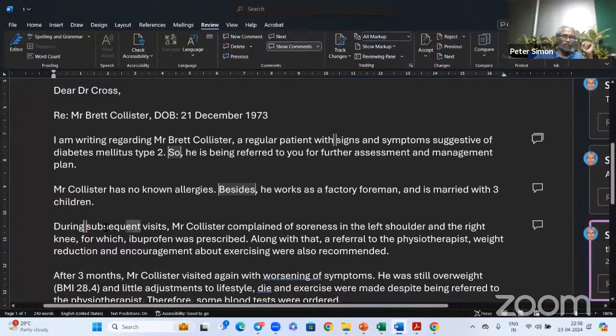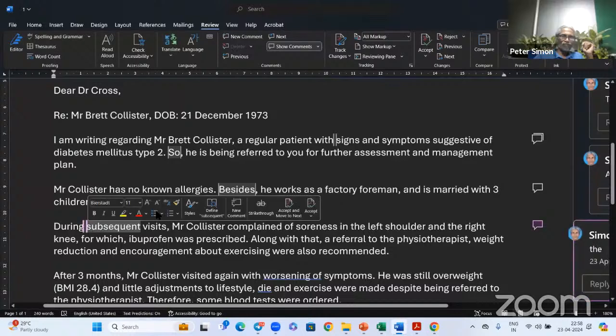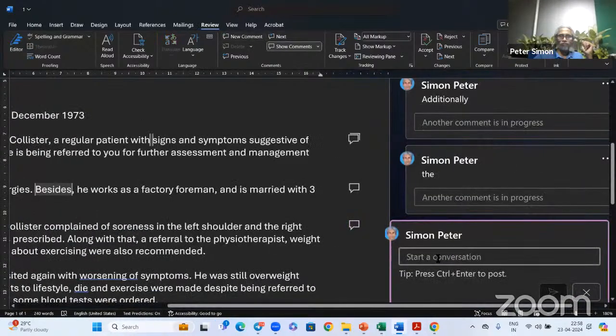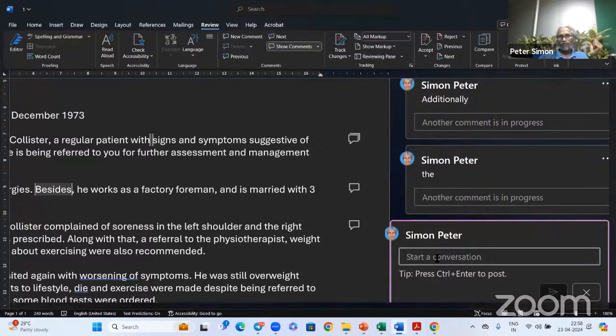Is it necessary? Where is the former visit to say subsequent visit? No mention of the first visit. So how can you say subsequent visits?